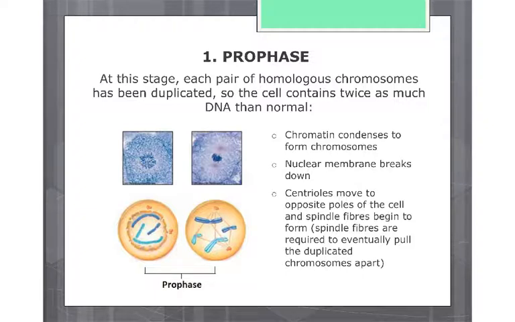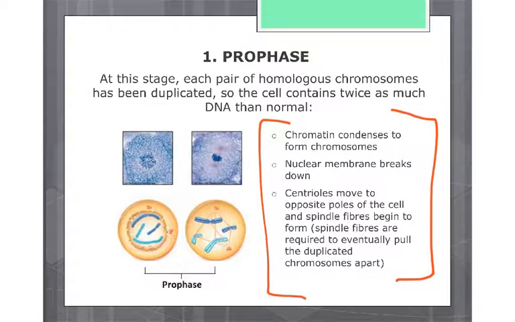Once again, when you do this assignment that you will see on Google Forms after you watch this video, it's very important that we pay attention to these details. So in prophase, chromatin condenses to form chromosomes, the nuclear membrane breaks down, and your centrioles move to opposite poles of the cell and spindle fibers begin to form.